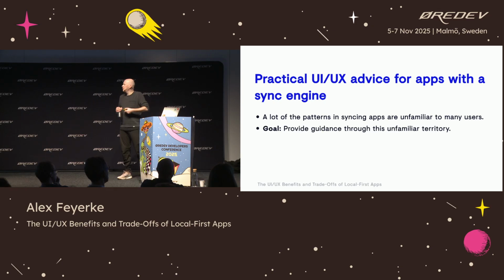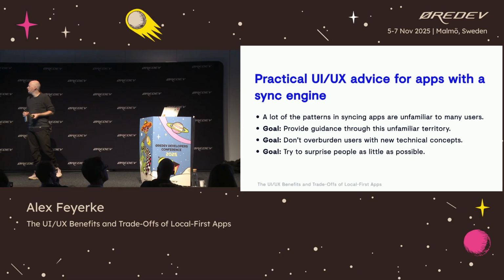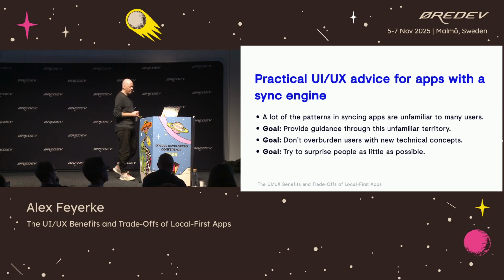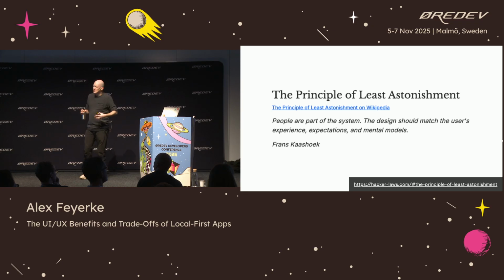So the goal is to provide guidance through this unfamiliar territory, to not overburden users with new technical concepts, and just generally try to surprise people as little as possible. Because people are part of the system, right? The design should match the user's experience, expectations, and mental models. But that's kind of tricky if our architecture by its very nature does the opposite, right? If nobody knows these things, it's hard. But we can at least try.